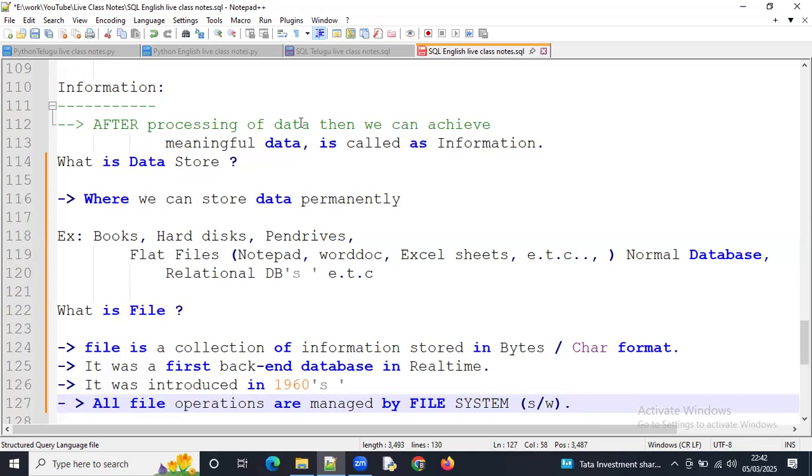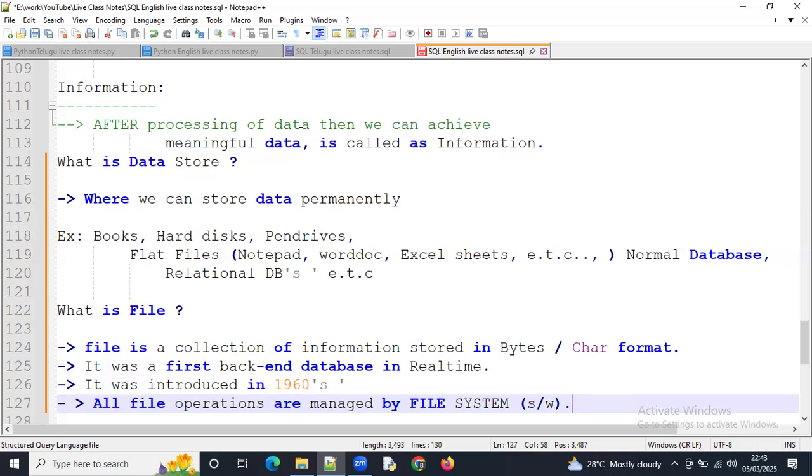Examples of data stores are, first, books. Before the introduction of computers or laptops, we used books. Then hard disks came into the picture, then pen drives and flat files. Examples of flat files are Notepad, Word documents, Excel sheets. But these have some drawbacks, so that's why they introduced database concepts.